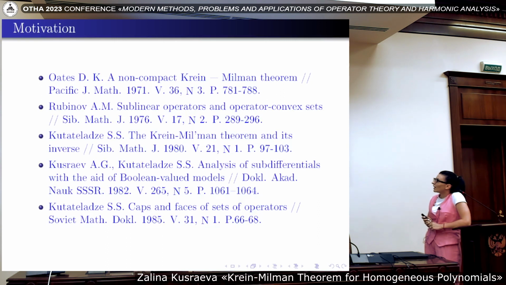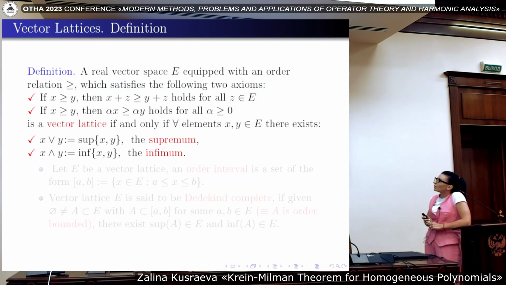And here, of course, I have to stop and give a short definition of a vector lattice. A real vector space equipped with an ordering which satisfies two axioms. First of them is that inequalities can be added. The second is that inequalities can be multiplied by positives.